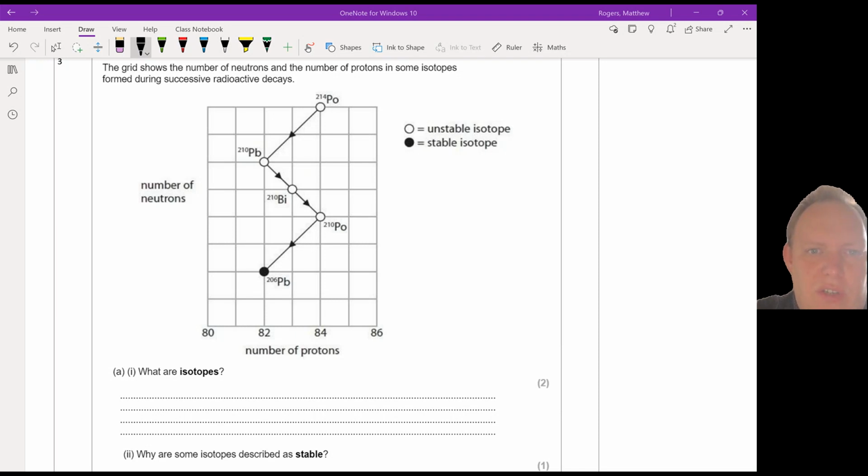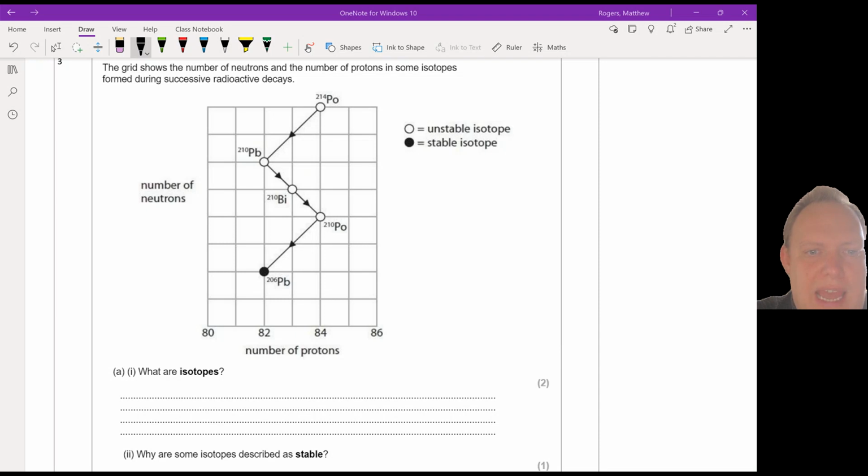So when we look at the chart, you can see we've got two versions of polonium, both with a proton number of 84, but one having a mass number of 214, one having a mass number of 210. Also for lead, two versions, both have a proton number of 82.